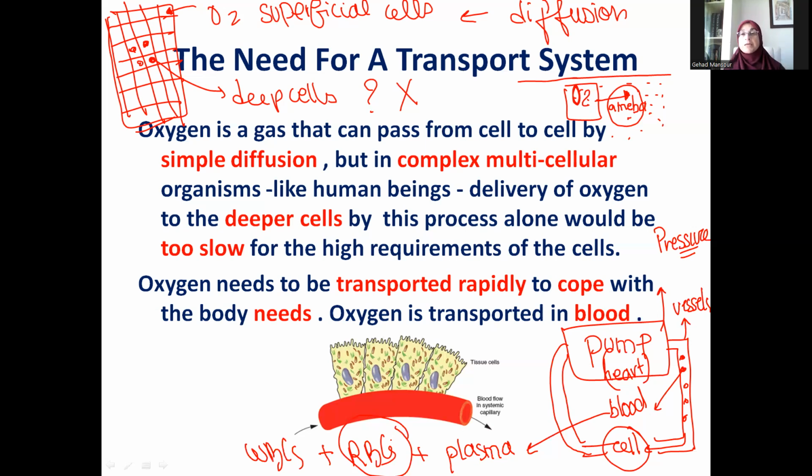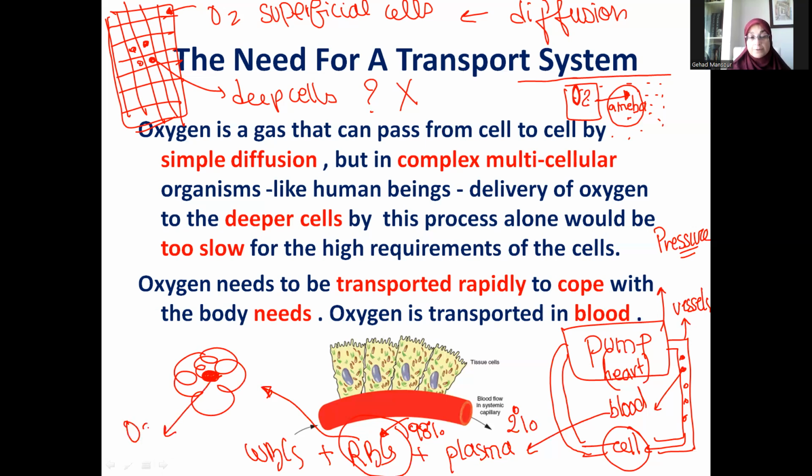You know, hemoglobin is the red pigment inside the red blood corpuscles, and we have a small amount of oxygen that is dissolved in plasma. About 2% of oxygen is dissolved in plasma, whereas about 98% is inside the red blood corpuscles, bound to a protein molecule called hemoglobin, where in the center we can bind oxygen molecules.